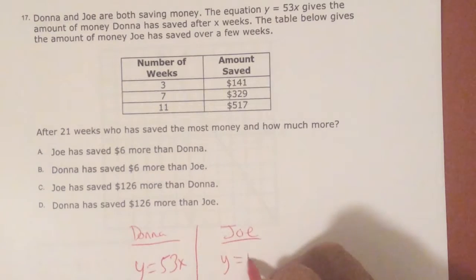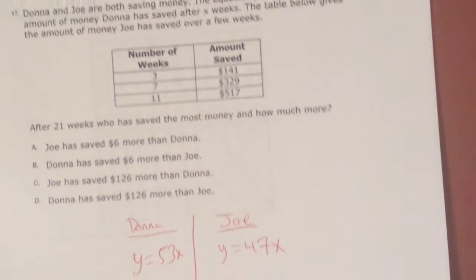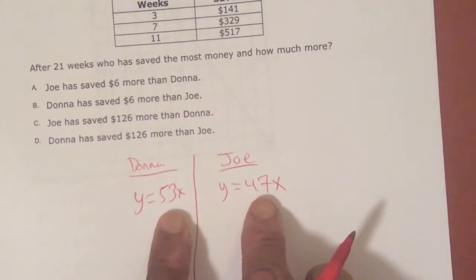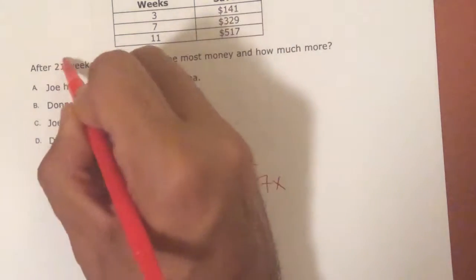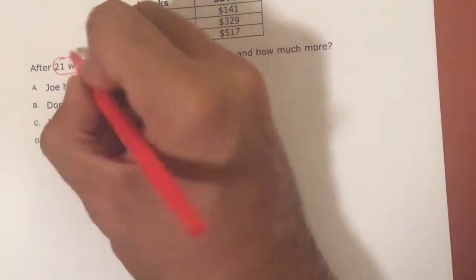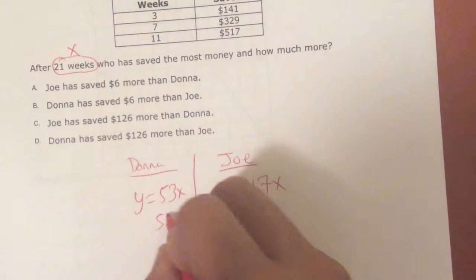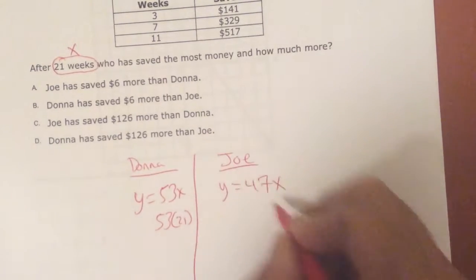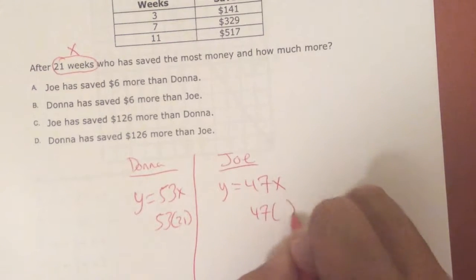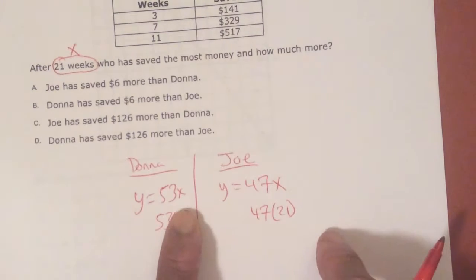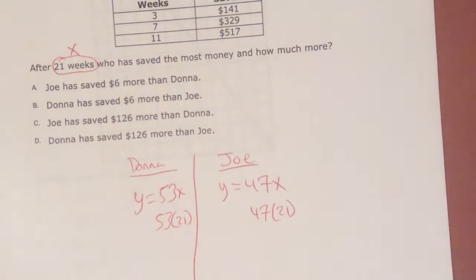Y equals 47x. Now that I have my equations, I can plug in my x. They told me that my x is 21. So instead of the x, I'm going to put parentheses and put the number 21 in there for each equation. Okay, you see how I removed the x and put 21 in its place?